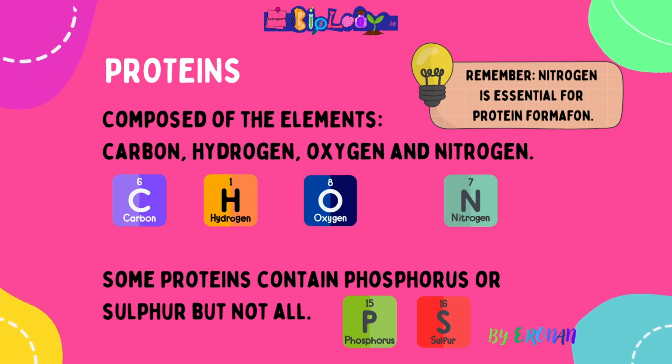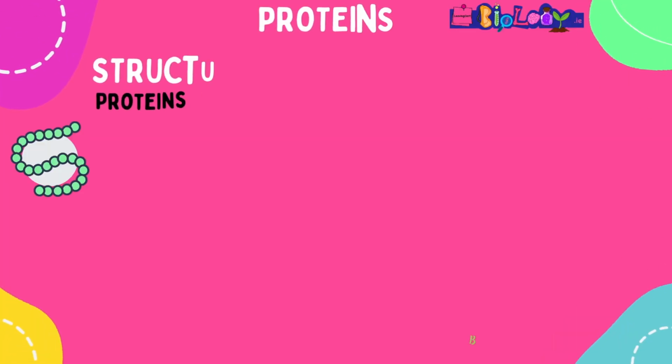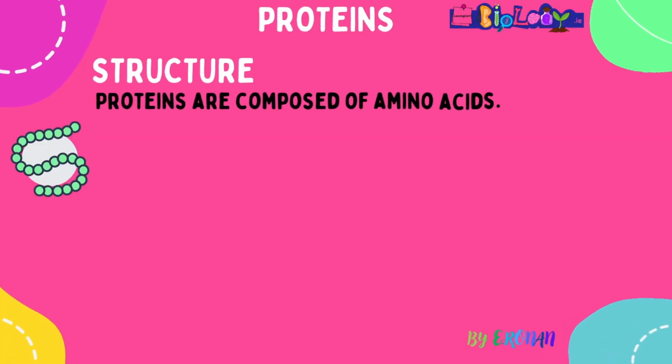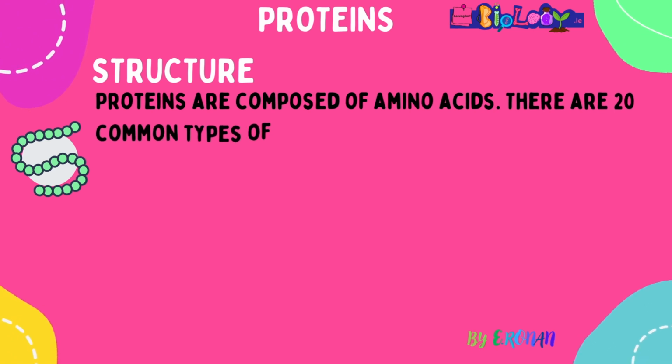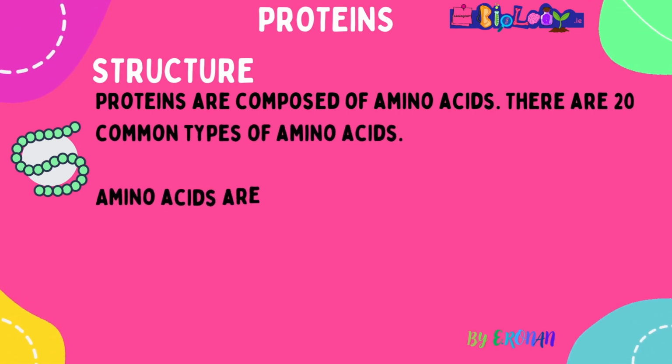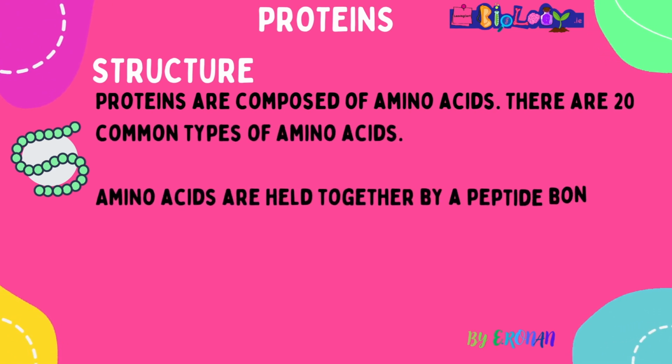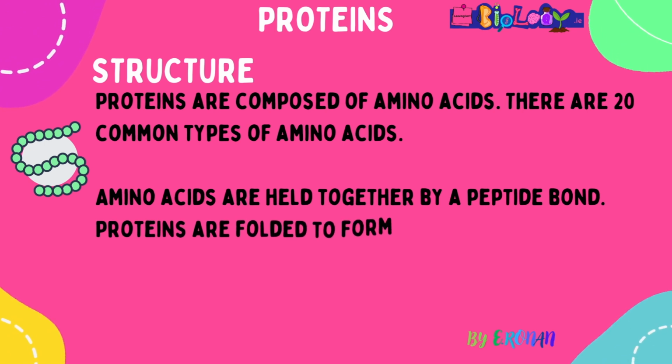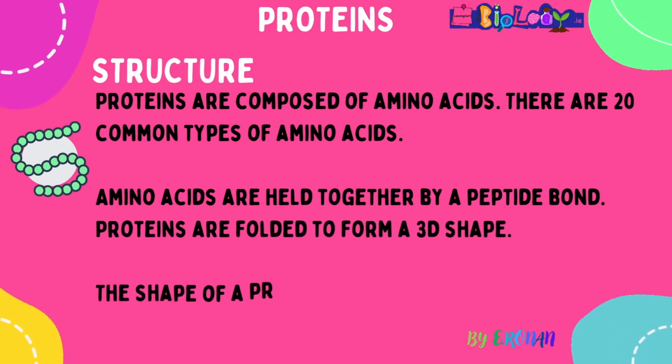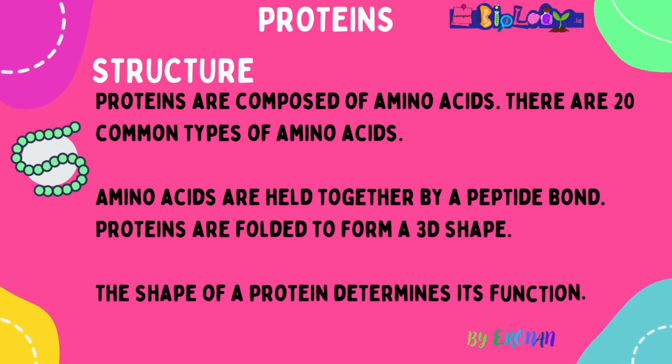Let's have a look at the structure of proteins. So proteins are composed of amino acids. There are 20 common amino acids, and amino acids are held together by peptide bonds or peptide links. Proteins must be folded in order to become functional. The shape of a protein determines its function, so whether they're what we call globular or whether they're fibrous, for example.